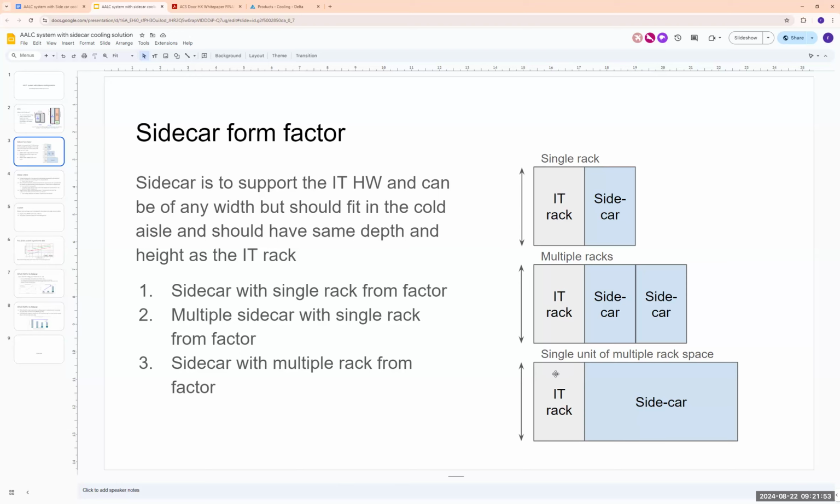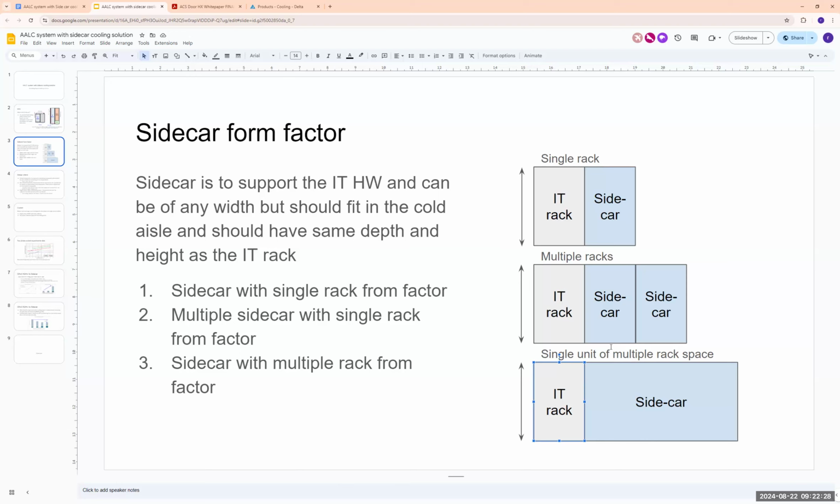I'm not sure if anyone has done it, but if we have multiple IT racks and multiple sidecars, that could be another solution where you combine all of them in a single manifold, where the sidecars provide the coolant to support all the IT racks connected to it.